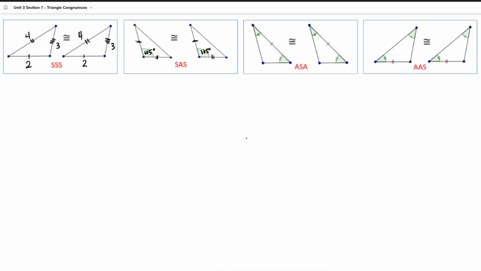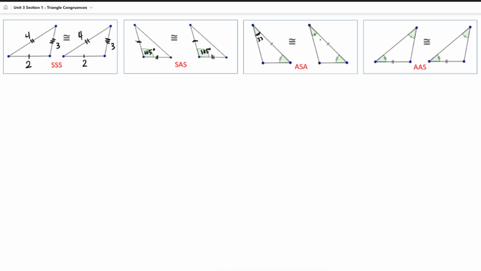Third rule we have is angle side angle. And so, as you may guess, if two angles and the included side of a triangle are congruent to another triangle, then both triangles are congruent. So for this angle, we'll eyeball it like 33.